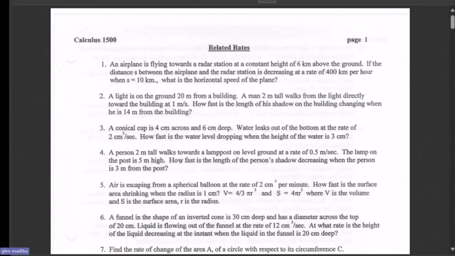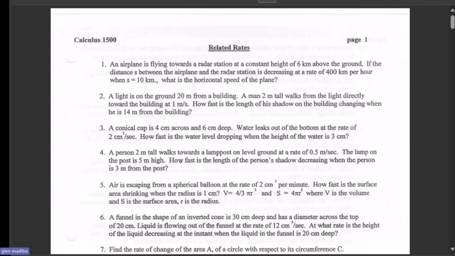Please, let's start by working on the first one, which says: there is this airplane that is flying towards a radar station at a constant height of 6 kilometers above the ground.